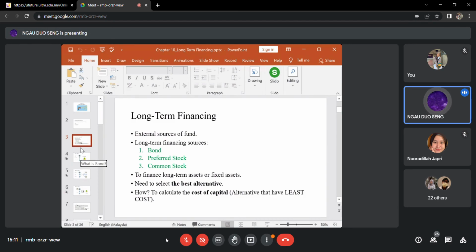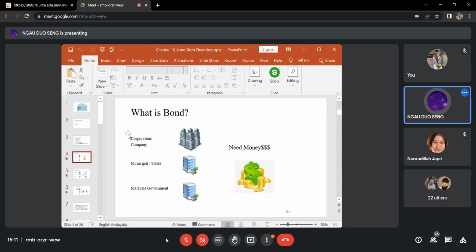Alright, so I will just go through, like for example, what is a bond? I just recap lah. So bond, like contoh siapa boleh draw bond. So you can see here, company, municipal atau negeri, state atau Malaysia government. So kalau dia orang need money, right? When they need money, what can they do?